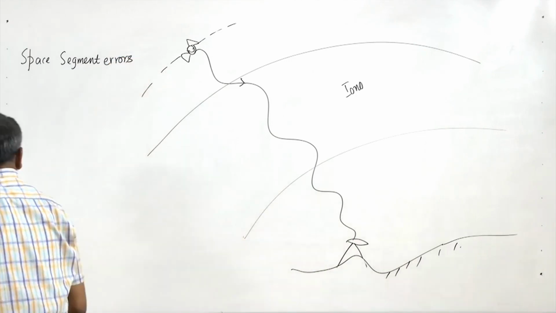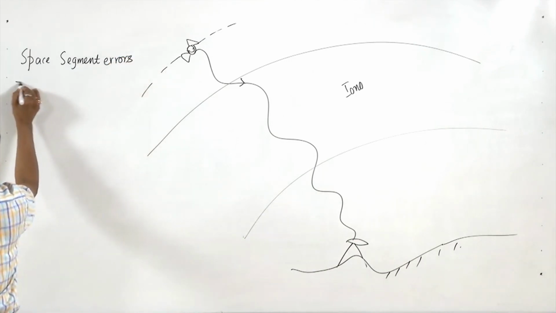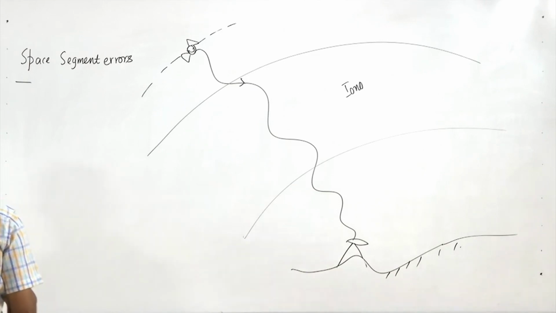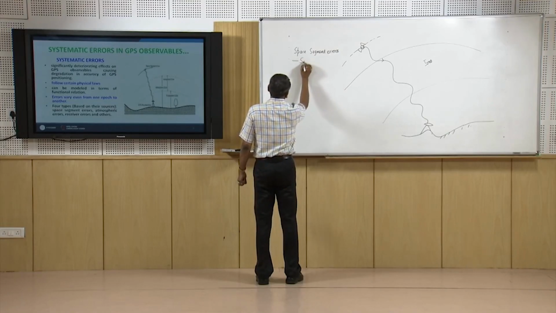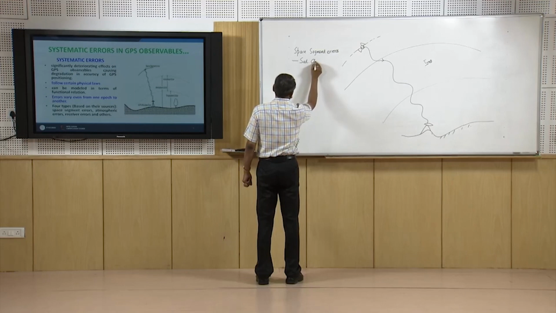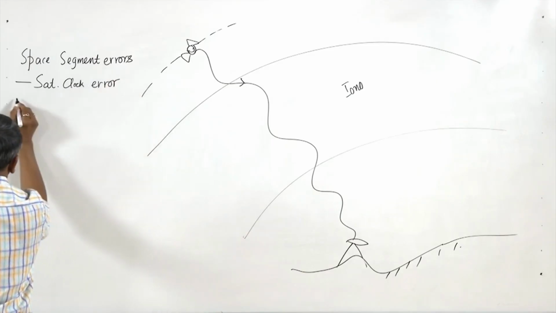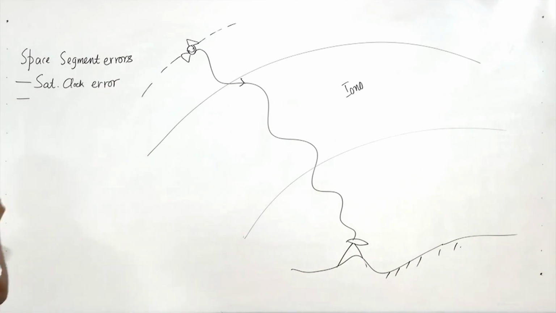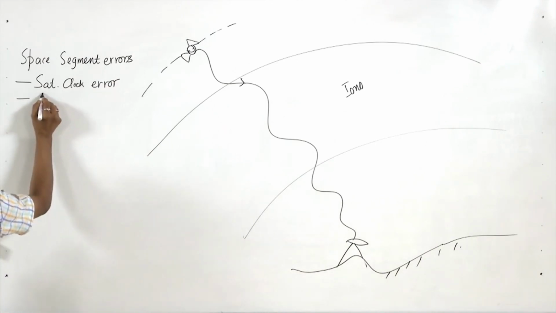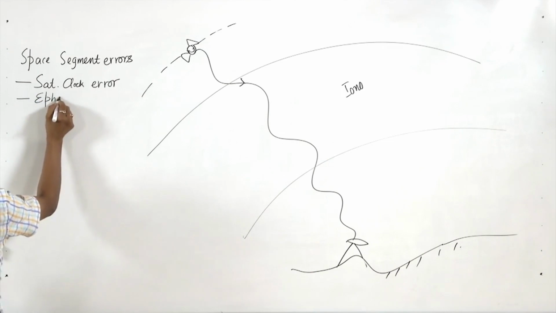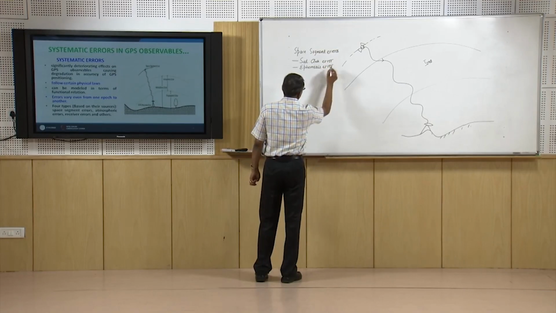There are 4 types. These are satellite clock error, then ephemeris error.